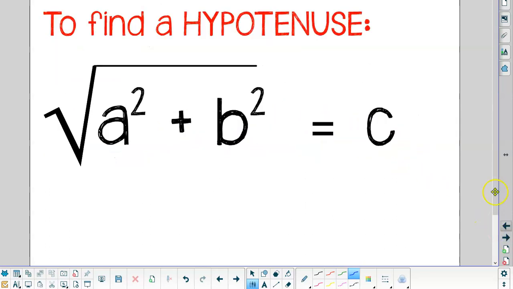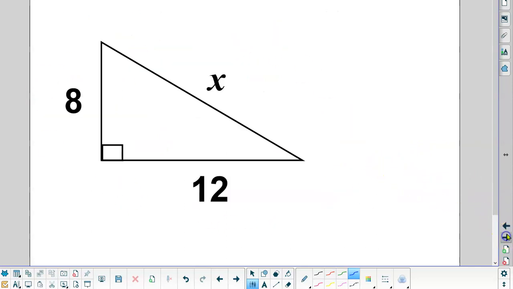So the first thing I always recommend, if you're looking for a hypotenuse or even if you're looking for a leg, is that you always label your sides by starting first with the hypotenuse. Because if you label that correctly, the other two can't be wrong. You can have A and B in this configuration, or you can have A and B in that configuration. It doesn't matter, as long as your C is labeled appropriately.